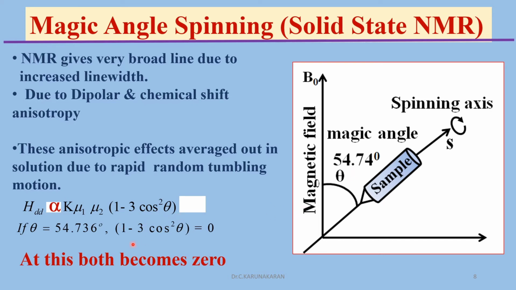When theta equals 54.74, these two effects become zero. Therefore, the lines are narrowed and lower line widths are obtained. The spectrum is well resolved at this magic angle spinning of the sample.